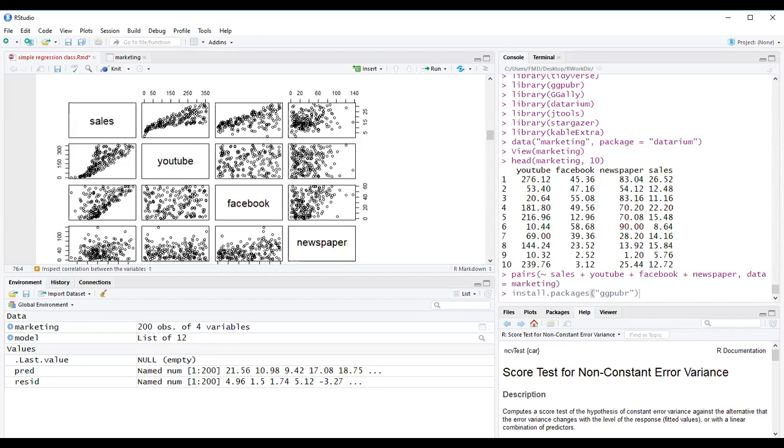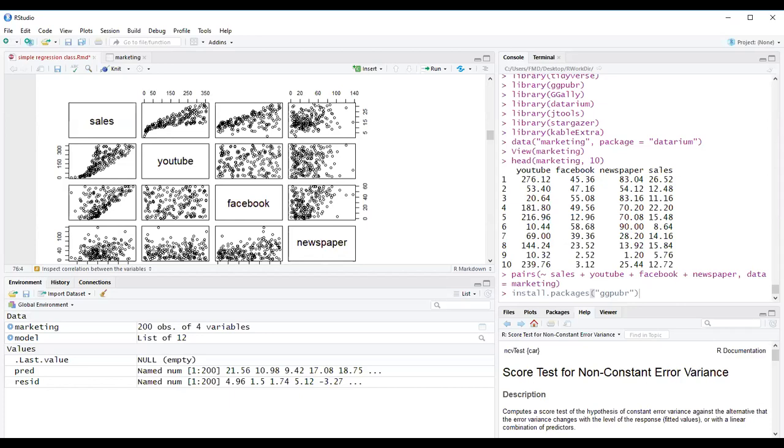There is a very weak trend: sales seems to go up as newspaper goes up, but it's not as apparent as sales and YouTube. After looking at the relationship between your dependent variable and independent variables, you also need to look at the relationship between your independent variables.